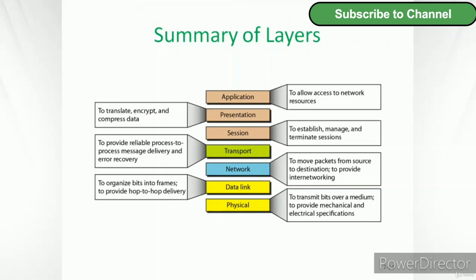There are 7 layers. As I told, the OSI model, which is the reference model, was developed by ISO, the International Standard Organization. This OSI model allows the network components from different computers to interact, and it provides peer-to-peer logical services with physical implementation.